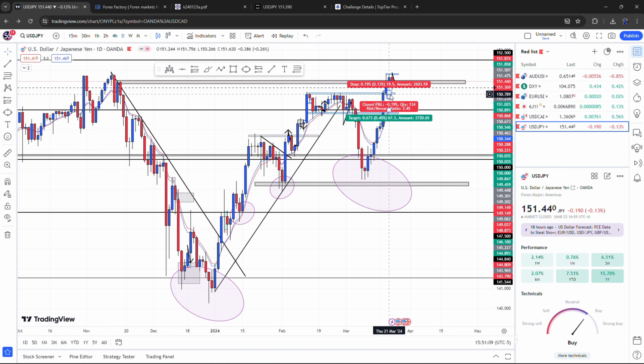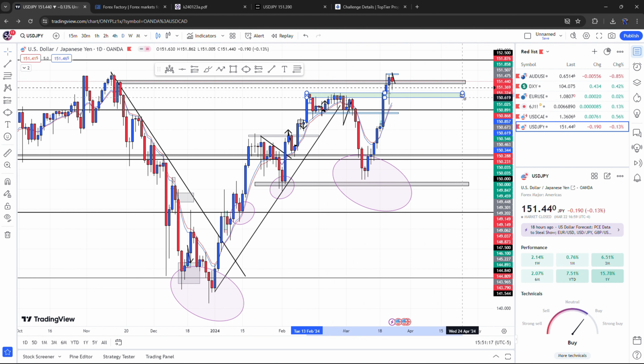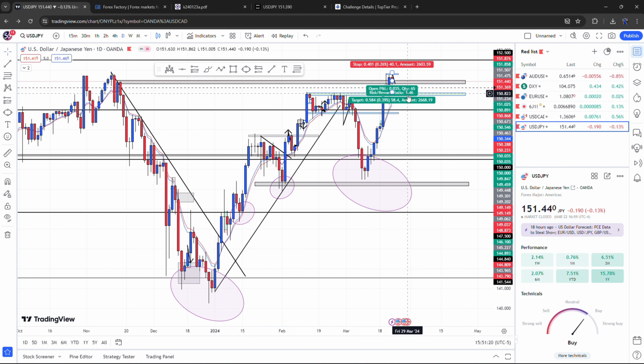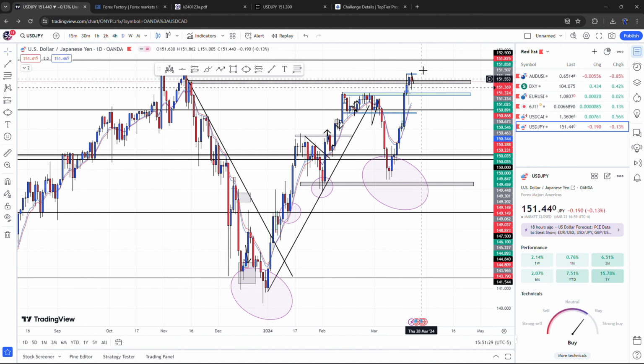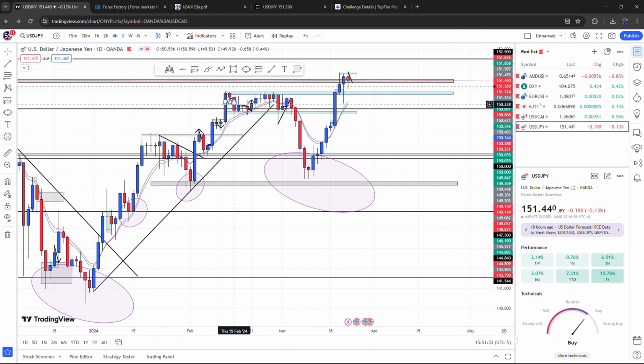So what could happen is we could get a retracement into this support right here, marked by this line right here, this high probability POI, and maybe reverse up to this area, this 152,500 area, or the next quarter level. And yeah, that's pretty much it.